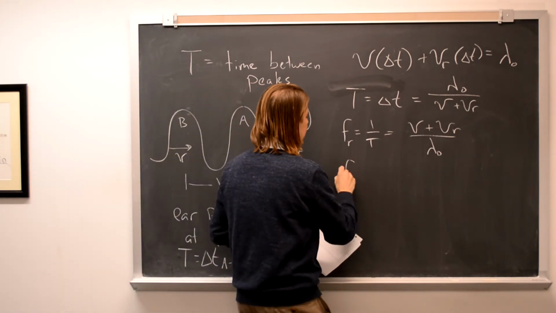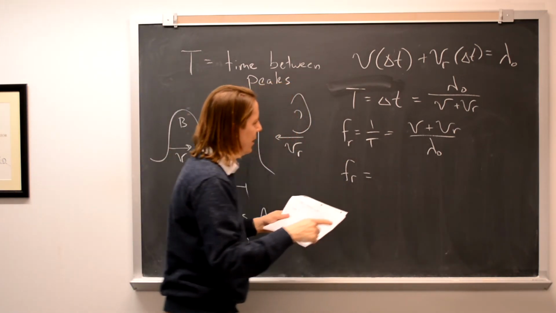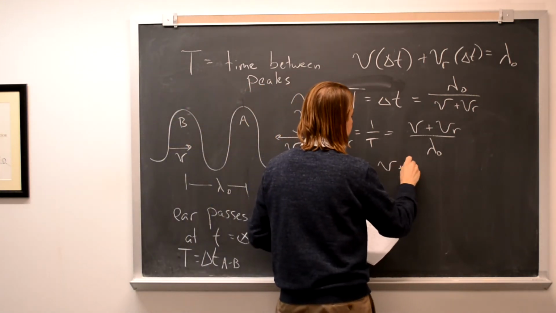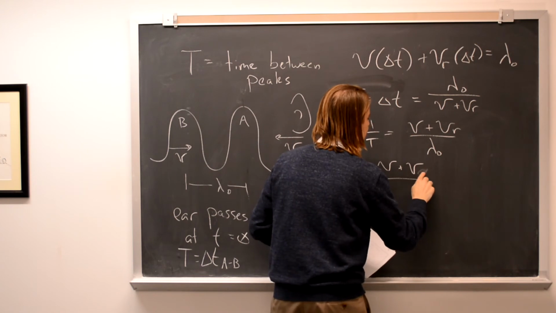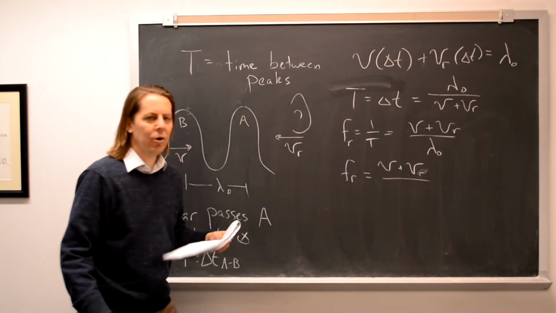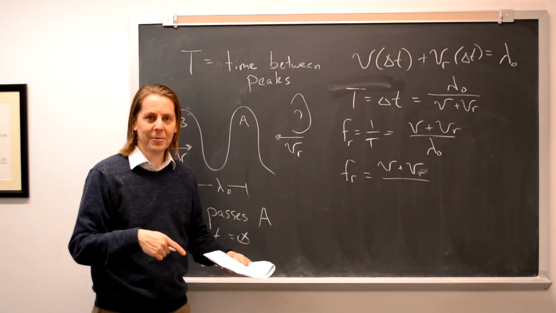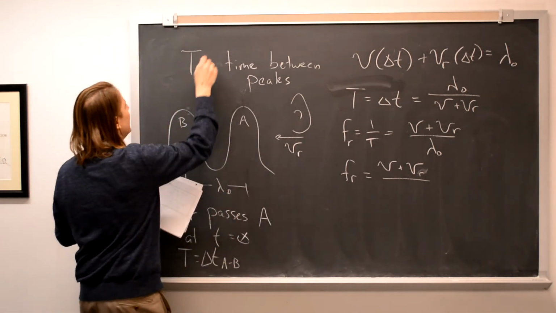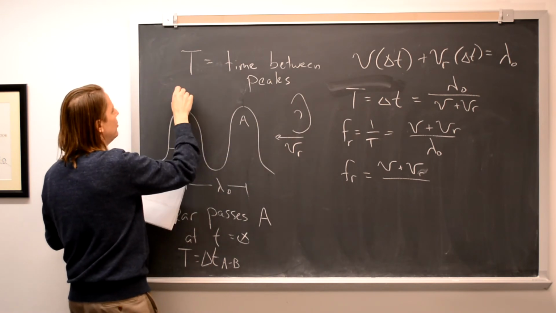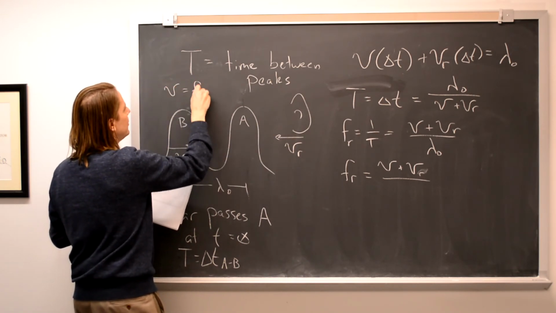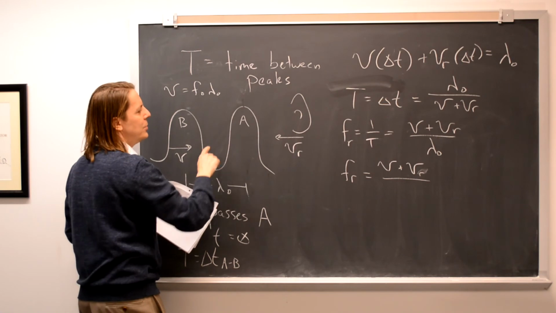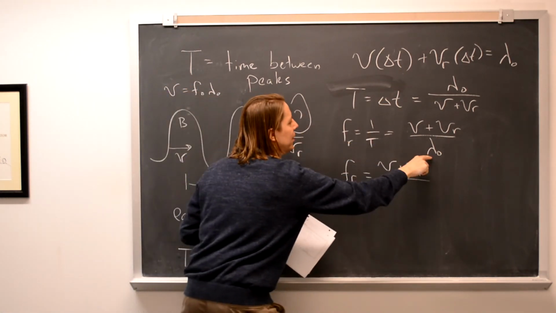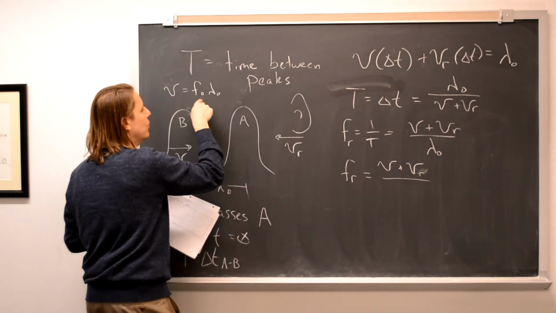So the frequency the receiver hears is V plus VR, but instead of putting it over lambda naught, we write lambda naught in terms of F naught. It's the original wave. For the original wave, we don't worry about the ear, and we say V equals F naught lambda naught. So we want to write this equation in terms of F naught. We have a lambda naught here, so lambda naught is V over F naught.